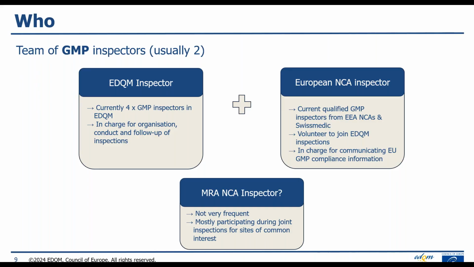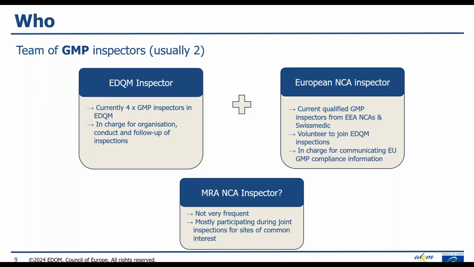The other member of the team then, we would always be joined by an inspector from another European National Competent Authority. So this essentially means an EEA authority or Swissmedic. And these are qualified GMP inspectors who work for their own national agencies and volunteer to join EDQM inspections to participate with us.